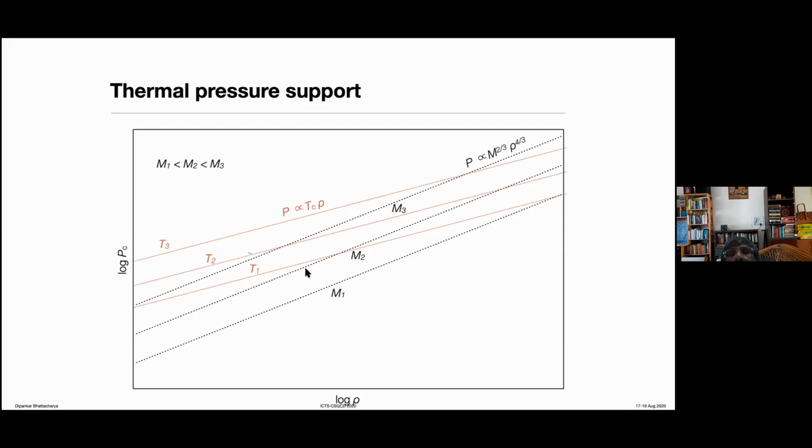And hydrogen can fuse to helium. It can burn at a temperature which is lower than what you would need to ignite helium, for example. So when a star is proceeding along this line and the center is getting hotter and hotter as the star contracts, and this is the consequence of the Virial theorem, that as the star contracts, your thermal energy will keep increasing, so the center will keep getting hotter.